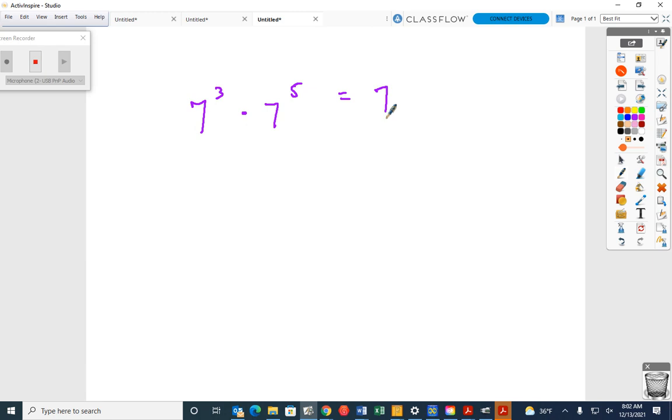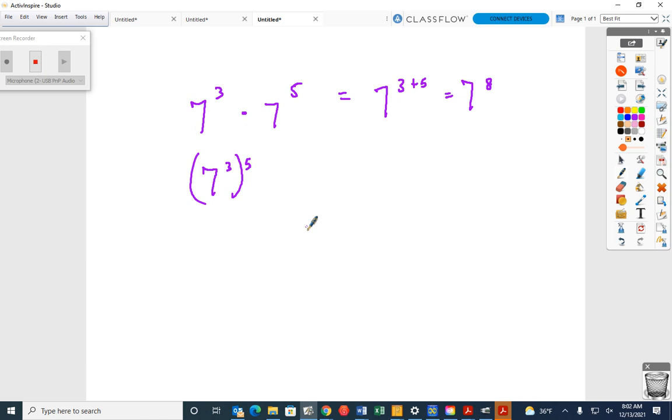This means 7 to the 3 plus 5. I did not say evaluate. If all I'm doing is simplifying this, I don't want to find 7 to the 8th power. This is good enough for my answer. If I said to evaluate, then you have to evaluate. But all I'm asking you to do is simplify this. 7 to the 8th. Now, is that the same thing as this? No.